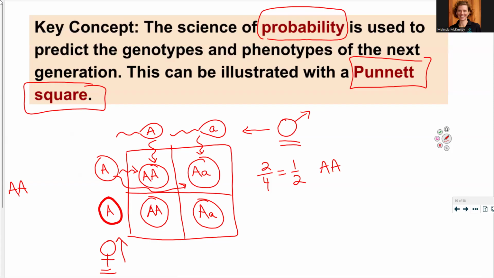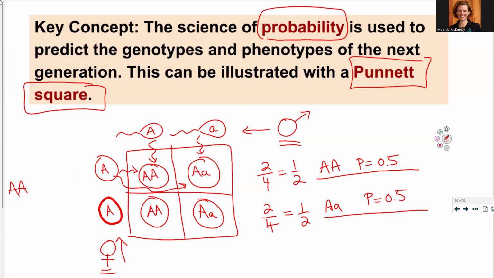And then similarly, 2 out of 4, or 1/2 of the offspring are going to be heterozygous. So that's a probability of 0.5 for homozygous dominant, a probability of 0.5 for heterozygous for this example.